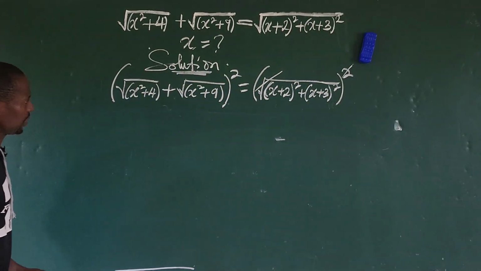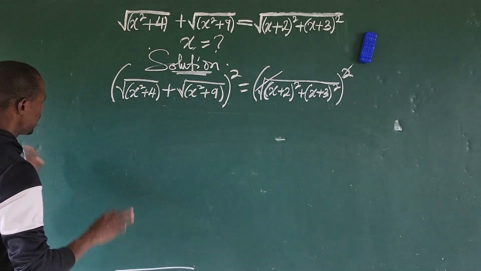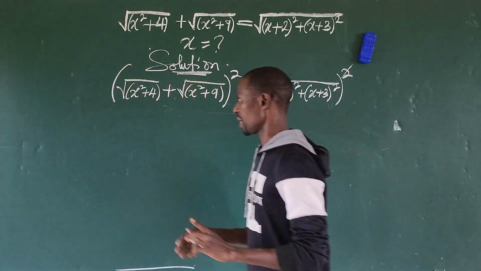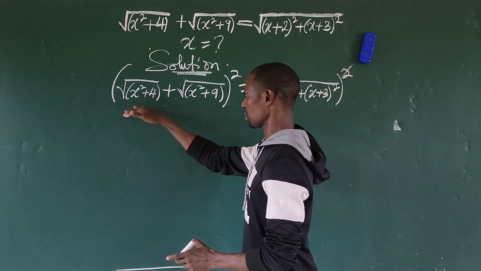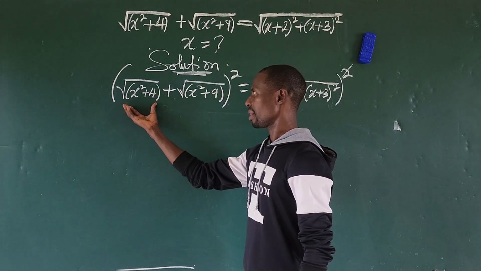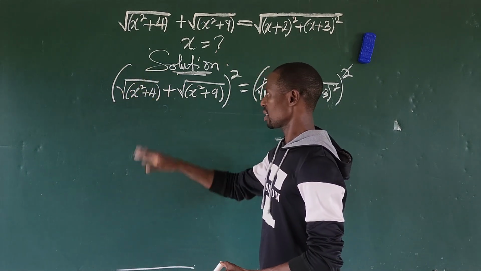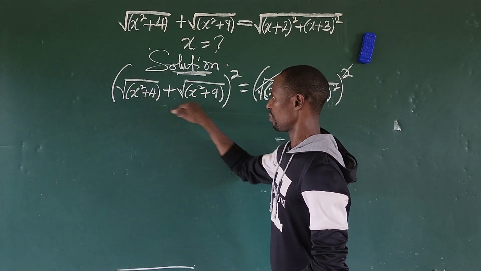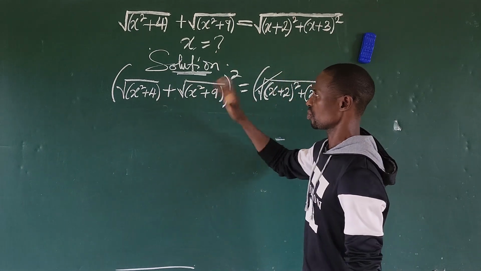All right. So what we do next here, we cannot open up this here, and I'm going to use a quick method. If we use this to multiply itself, definitely this will come out as a square of this, plus 2 of the product of these two, and this will come out on its own.